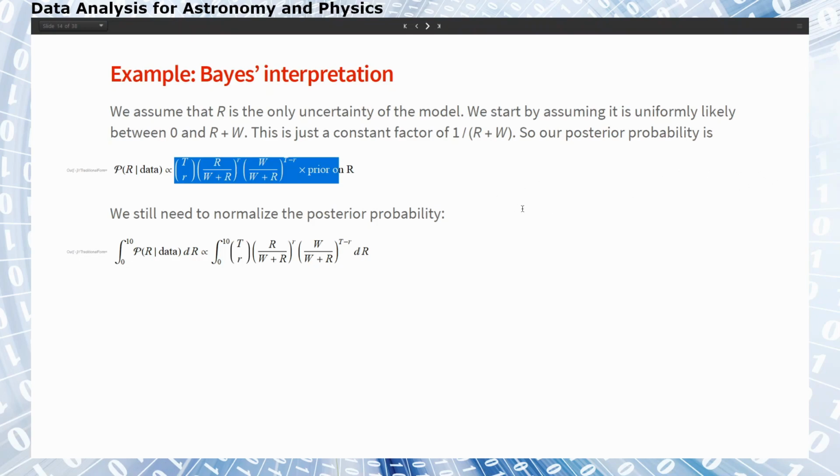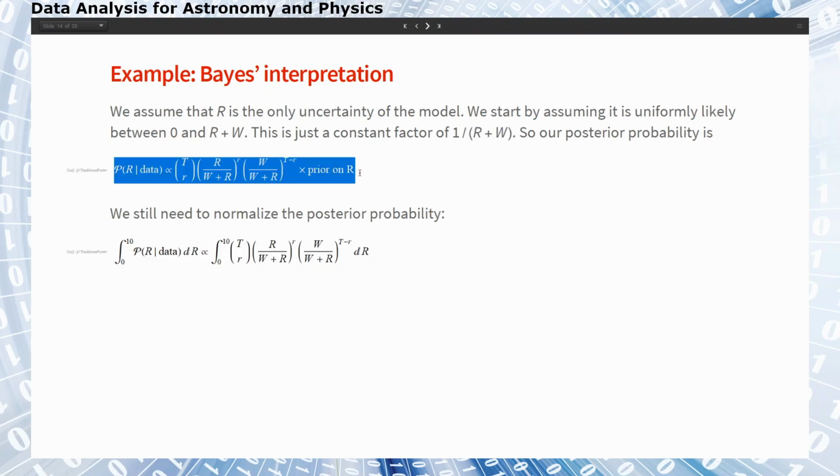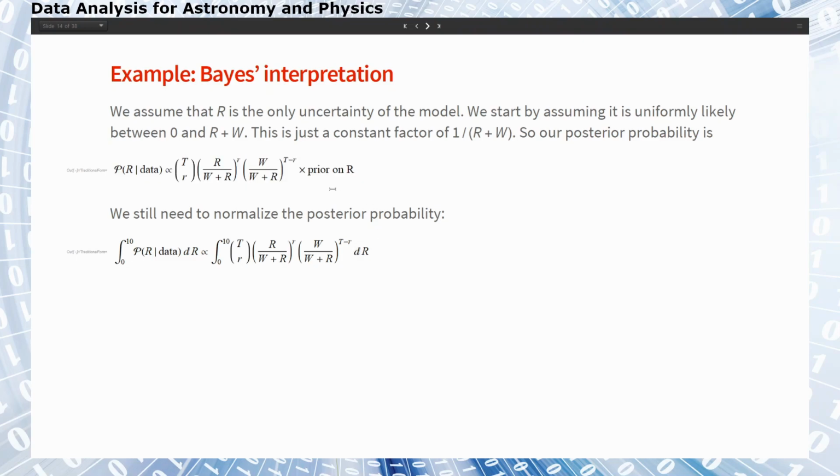So what we have to do is divide this expression by the integral over all possible r's, which is this expression. And here I left out the constant factor, which goes into the prior and also goes into the integral and then cancels out.